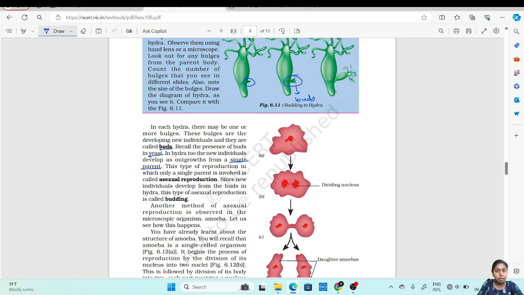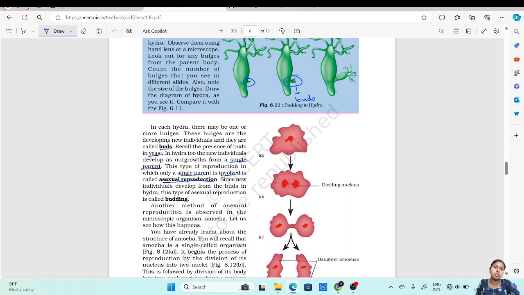There is no gamete fusion, no female and male gametes are involved. It's only one hydra that starts bulging out, and this is a new individual, or the baby of hydra. This type of reproduction in which only a single parent is involved is known as asexual reproduction.